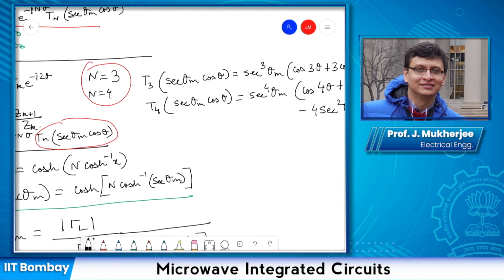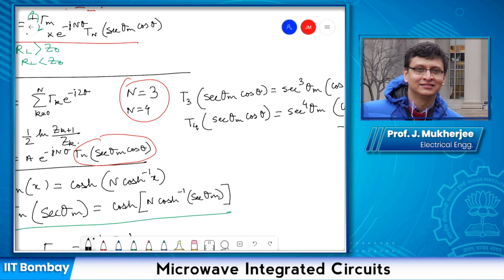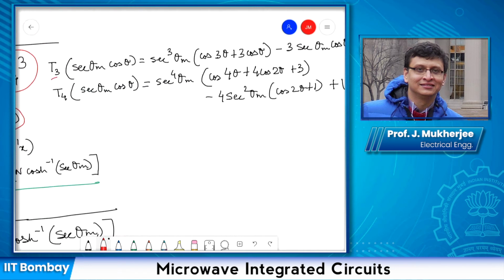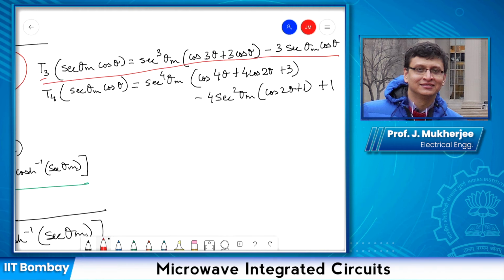The second point is, let us try to simplify this expression for a symmetric case. So first thing that we did is we found out the expression for this T3. So we are going to equate these two equations and then find out the values of gamma k based on the values in this equation. Let us now take n equal to 3. So for n equal to 3, we have the Chebyshev polynomial like this.